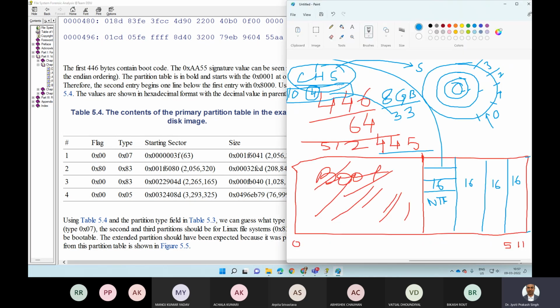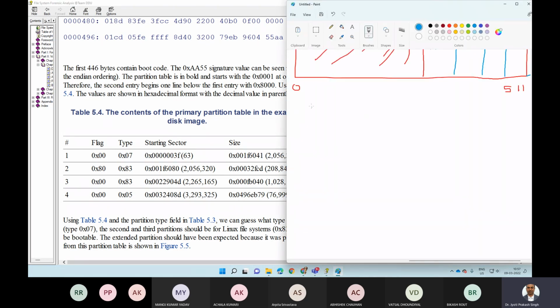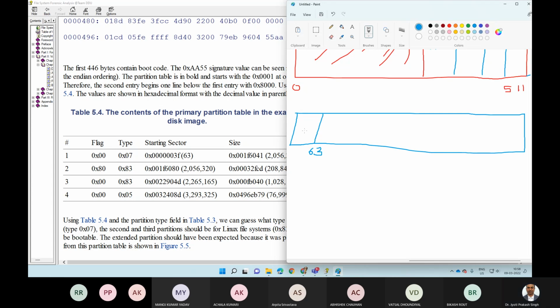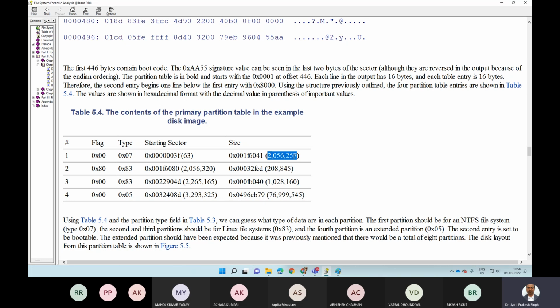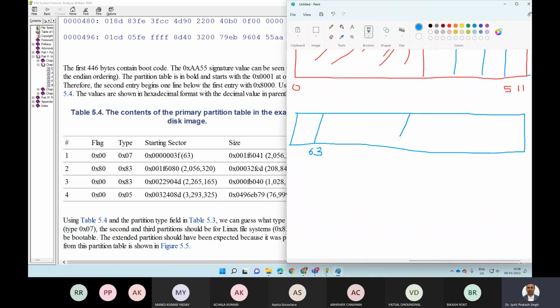If I recreate the structure for that disk, assume this is my complete disk. This partition starts at the 63rd location. We are not sure about the first 0 to 63rd sectors. Starting at 63, the length is this much, which is the total number of sectors taken up by this partition.